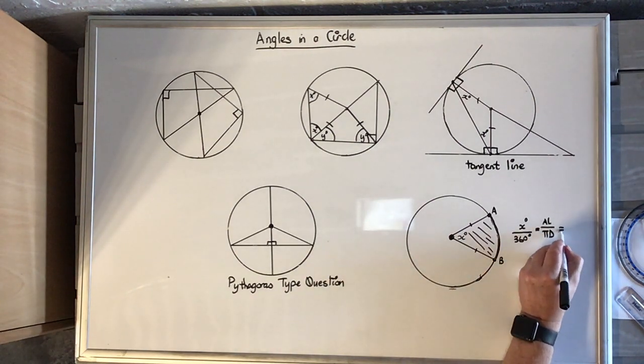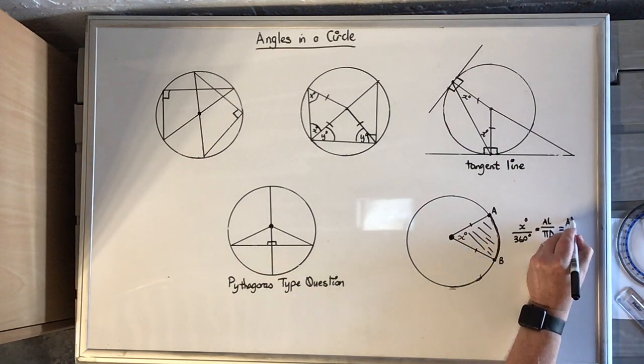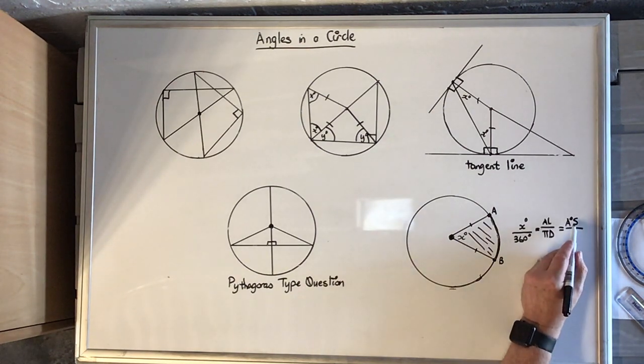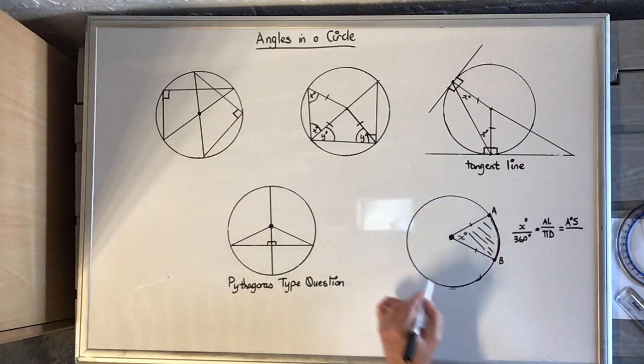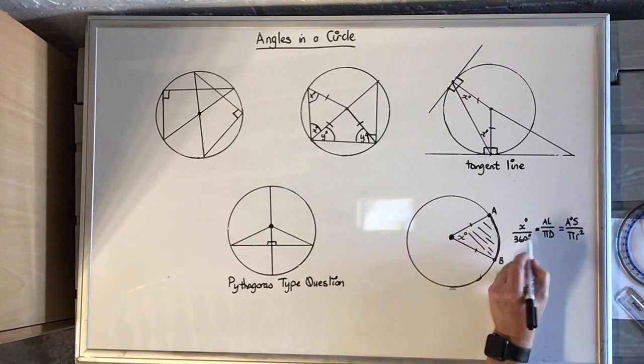And if we want to find the area of the sector in here, AOS, area of sector, well, that area over the whole of the circle, but the whole of the circle, again from first year you should know, is pi r squared. That ratio here is the same as that ratio, same as that ratio.